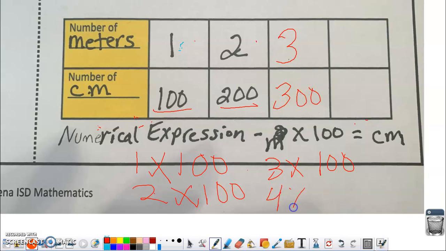And 4 meters times 100 would give me 400 centimeters. So my numerical expression here is m times 100 equals centimeters. Whatever your meters are, multiply by 100 and that will give you the equivalency in centimeters, okay? Using the input-output table is going to make things a lot easier for you. Our next lesson will make that more clear, I promise. I just wanted to get this one to you so you can get started on it.